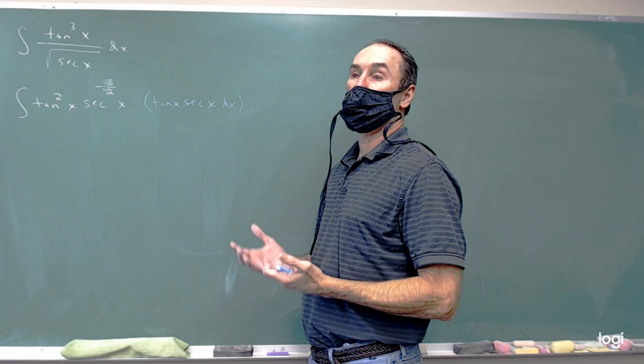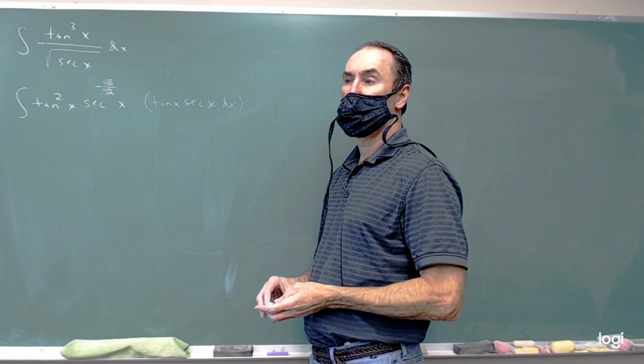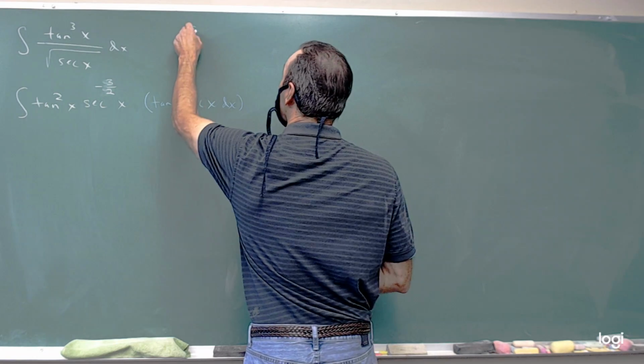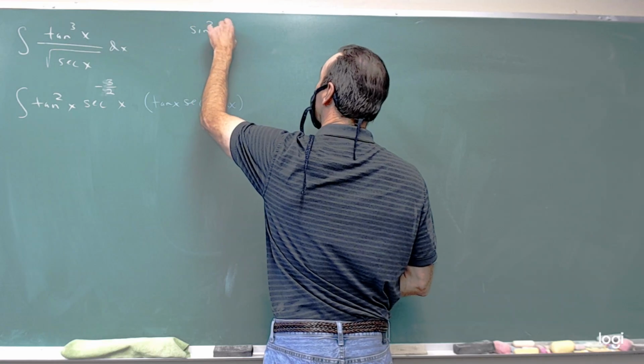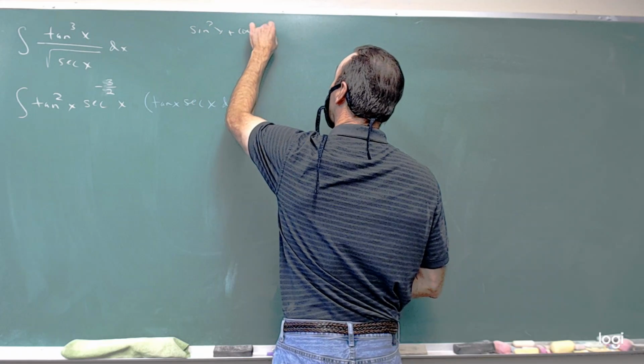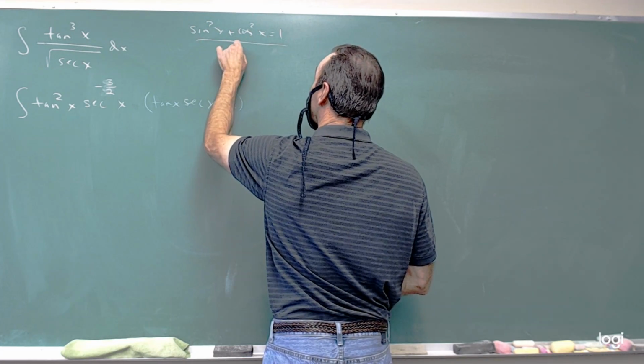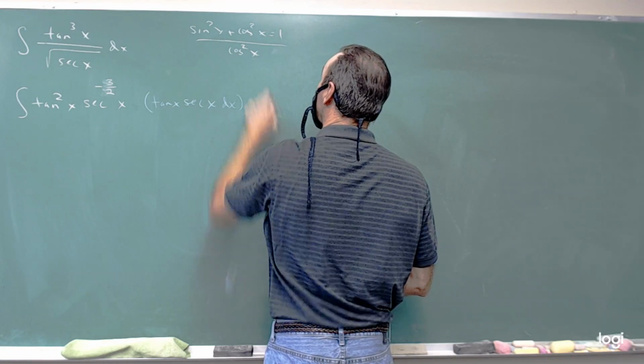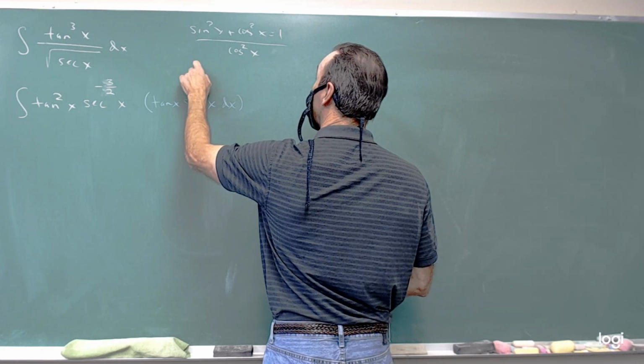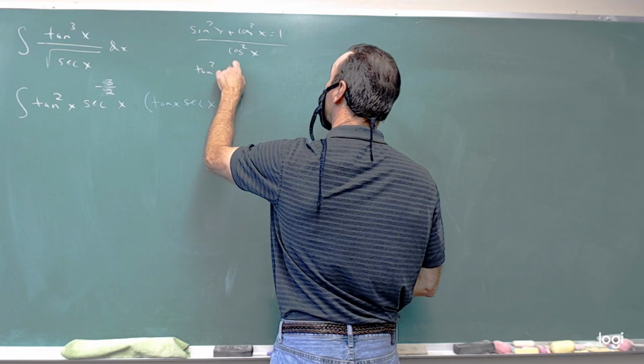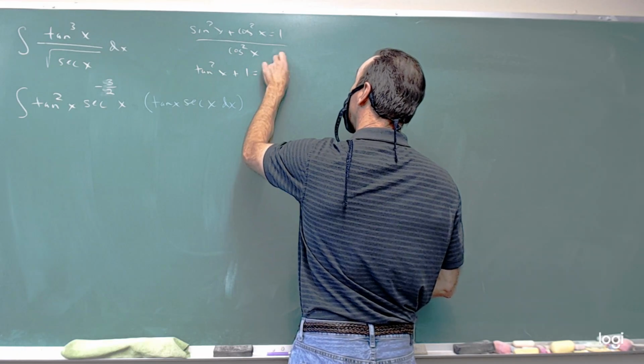So now what do we do with that tangent squared? Good. So we have to get our identity that's got cosines in the denominator. That's going to be tangent squared x plus 1 equals secant squared x.